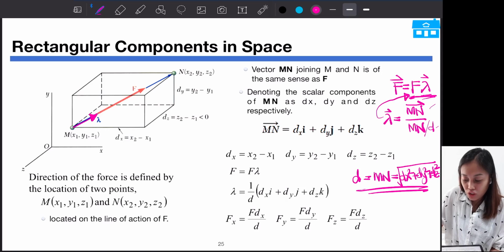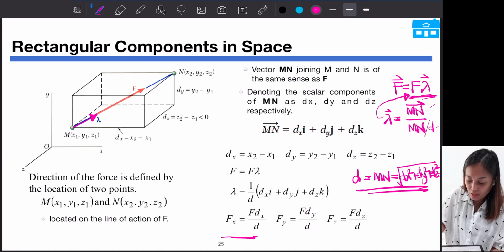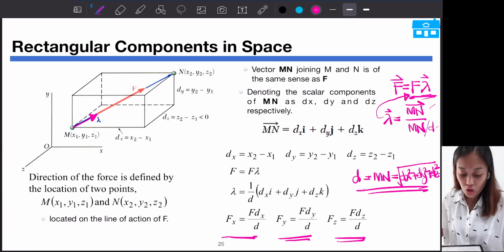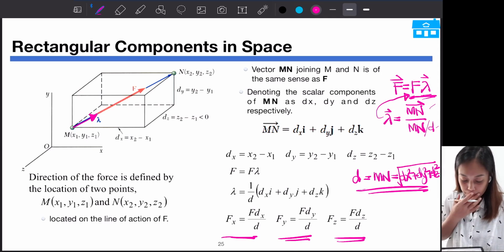Use this equation, then we can get the values for Fx, Fy, and Fz. So, we have the rectangular components of the force F along x, y, and z, or in space.